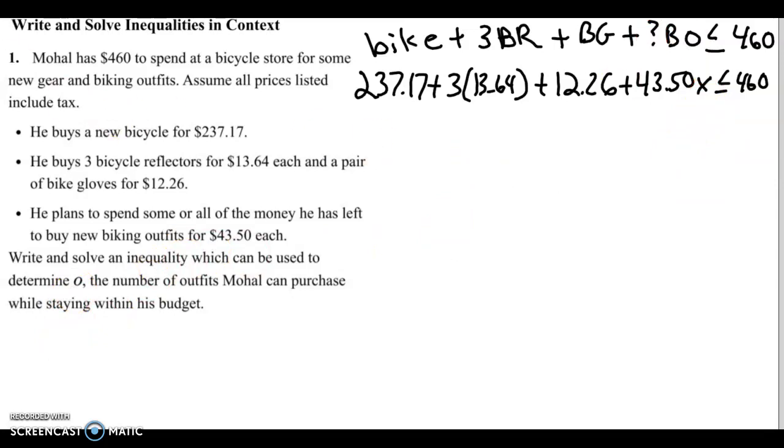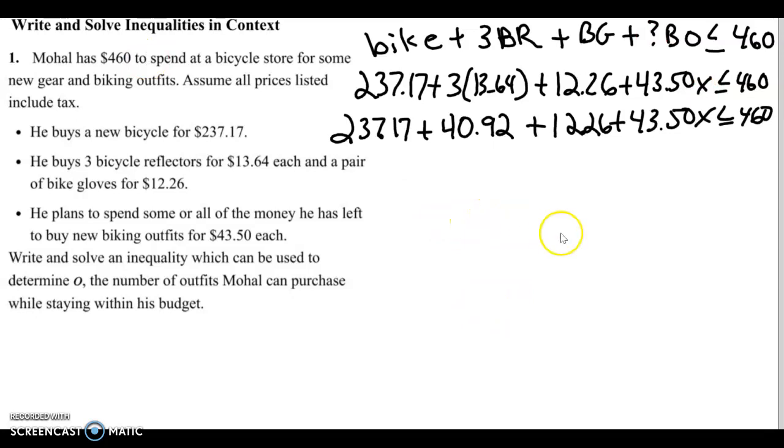All right, so now I'm going to add like terms. Well, first I multiplied 3 times 13.64. Now I have everything together here. And now I am going to add like terms.